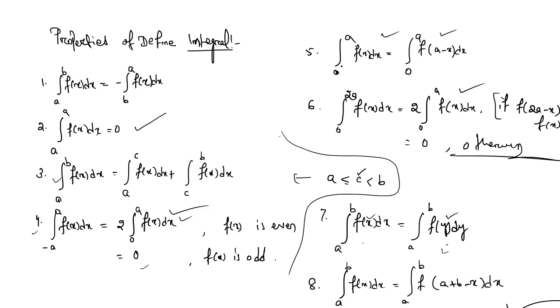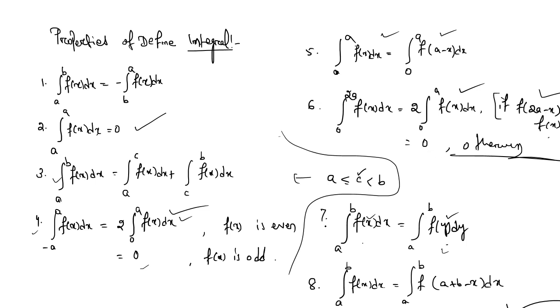Then in number 5, the integration from 0 to a of f of x dx is also written as the integration from 0 to a of f of a minus x dx. In the 6th, this is 2 times the integration from 0 to a of f of x dx, only if f of 2a minus x equals f of x, otherwise this is 0.